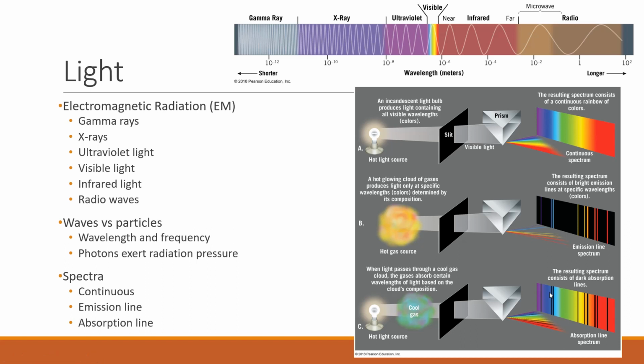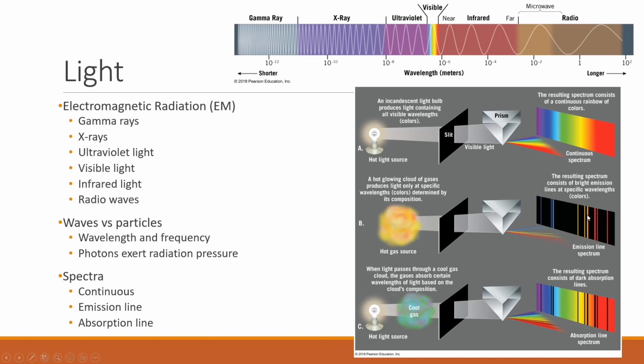Absorption line spectra is when the energy is passing through our prism or our instrument, and we see areas where we're not seeing energy, so we have dark lines, and we have the continuous spectrum except we're having gaps.